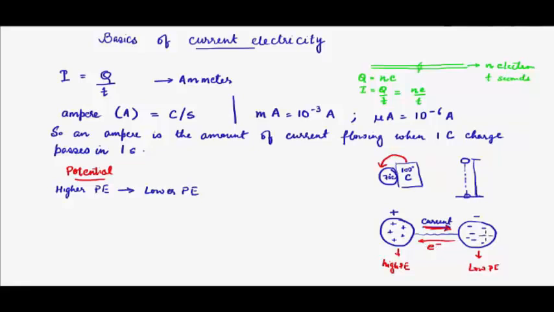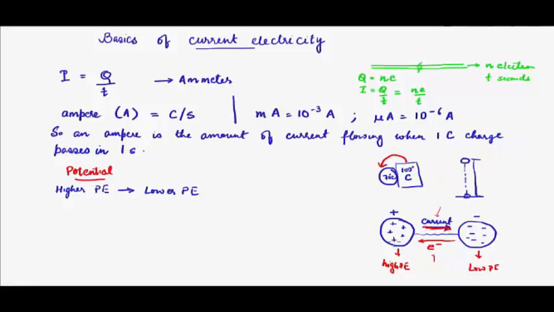This is an important thing that you need to keep in mind, that though things move from higher potential to lower potential, the electron flow will be in the opposite direction because they are negatively charged, right? And this configuration you need to remember, because the direction of potential is defined based on the current, but the actual flow is by the electrons.